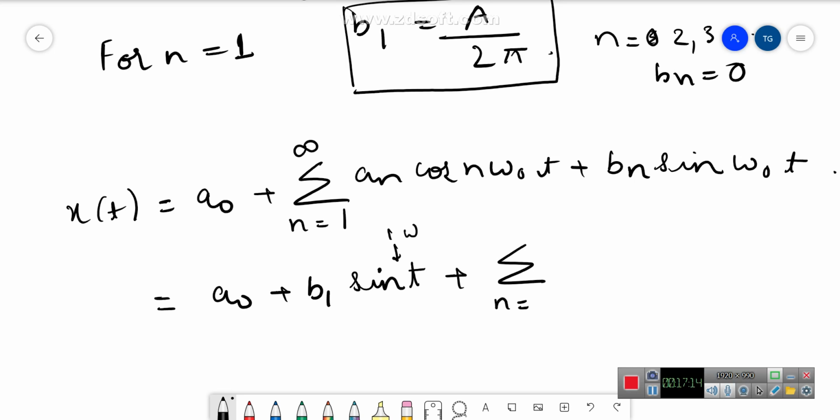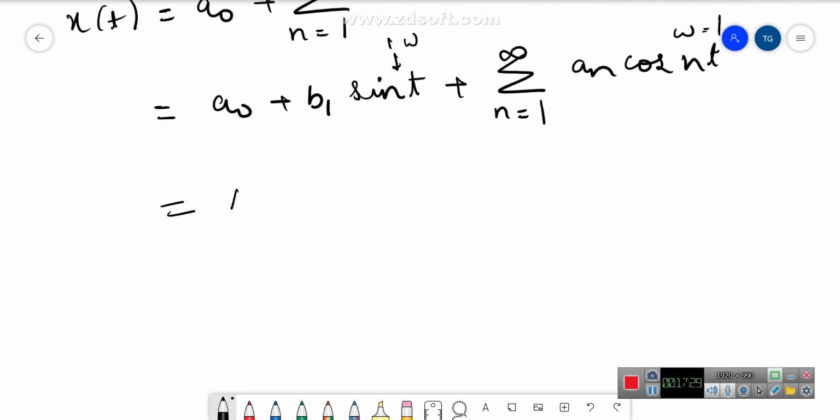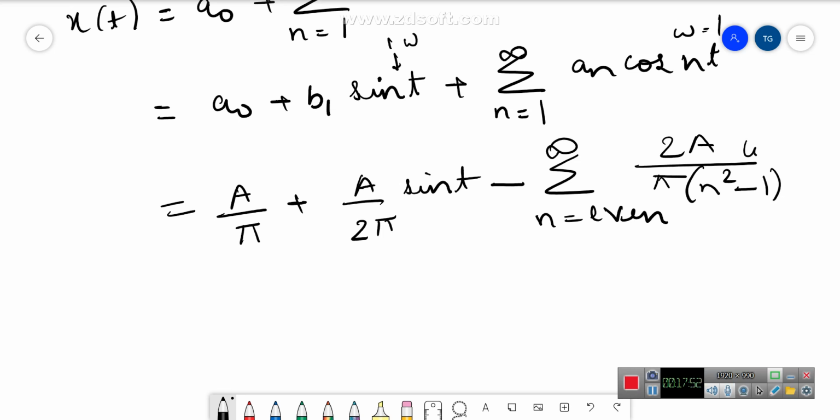So we have summation n equals 1 to infinity an cos nt, because omega is equal to 1. Then we can substitute all our findings, that is a by 2 sine t minus summation n equals an even number to infinity 2a by pi n square minus 1 cos nt.